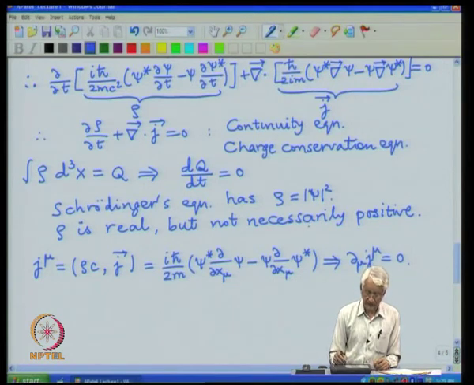The other feature is that in non-relativistic situation time is absolute. So, the value of rho did not depend on the frame in which one is working, but here the value of rho is going to depend on the frame, and we have to now reconsider what do we mean by rho in terms of physical interpretation.